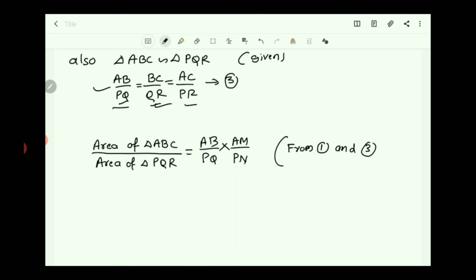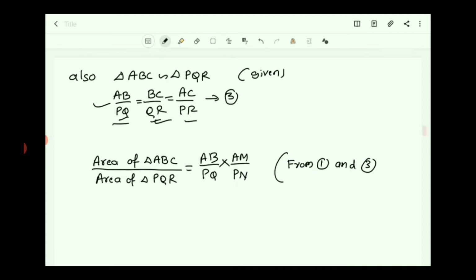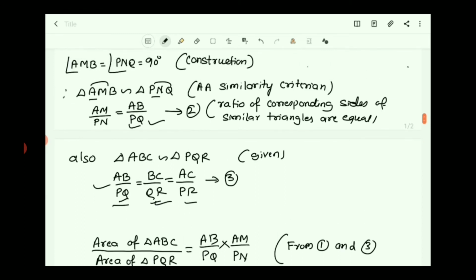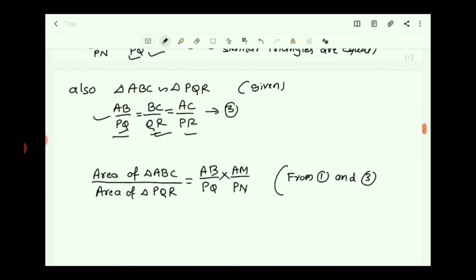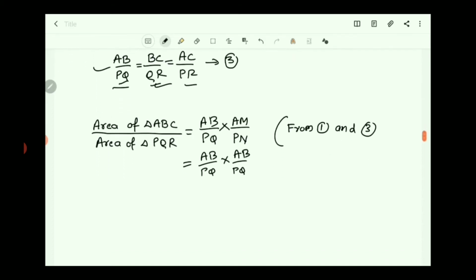Here AB by PQ into AM by PN you got. Now also you know that AM by PN is equal to AB by PQ. AB by PQ and AM by PN are equal. From second you can write both are AB by PQ.